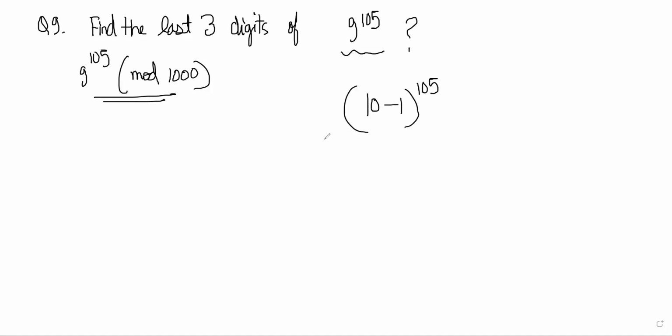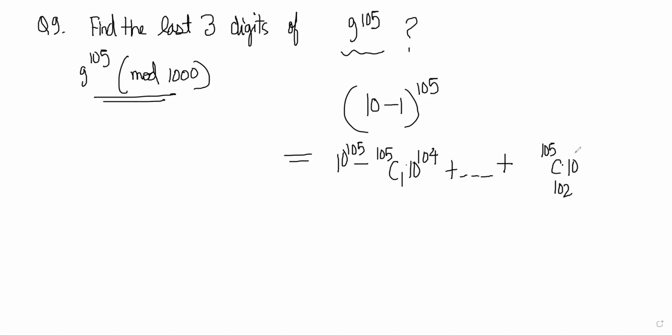And then you can just expand this and realize that this will become 10 power 105 minus 105c1 10 power 104 and so on till 105c102 10 cube times (minus 1) power 102.